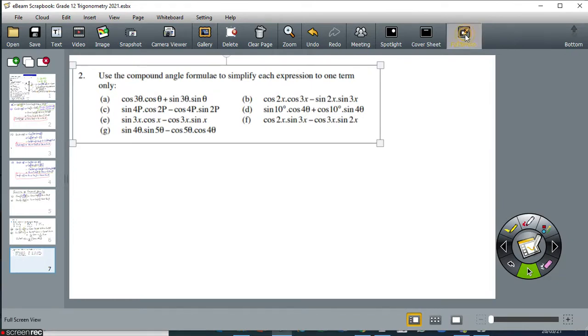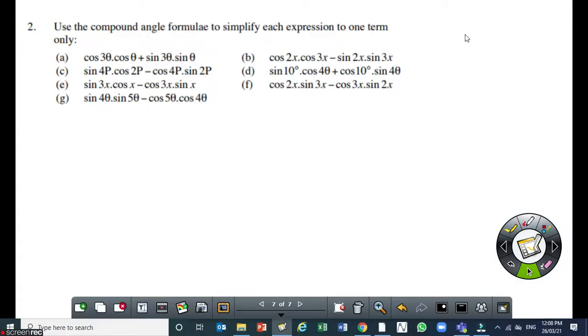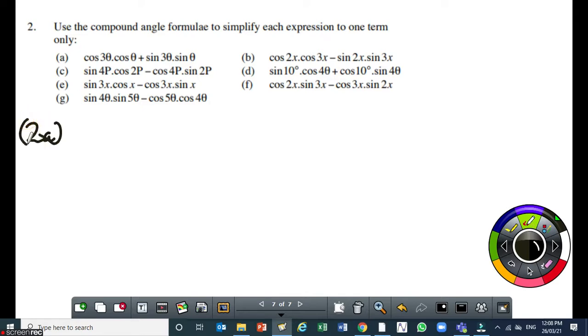So now I'm going to do the reverse. We are starting from the right hand side of the compound formula towards the left hand side. So let's start with a simple one like question 2a. Now 2a, it's always wise for you to identify alpha and beta.